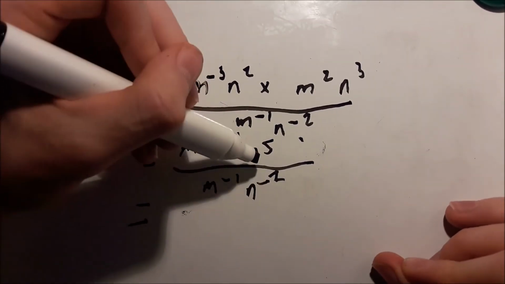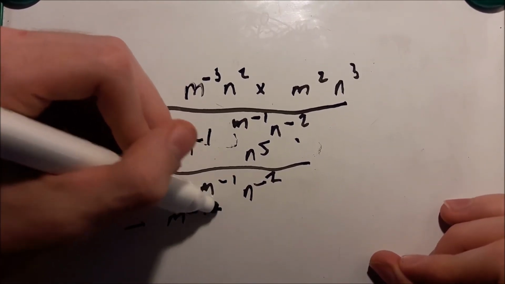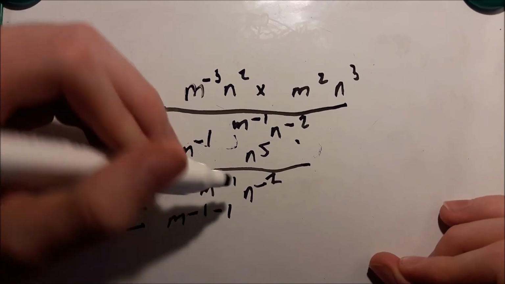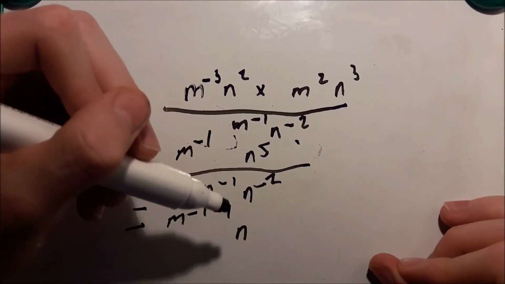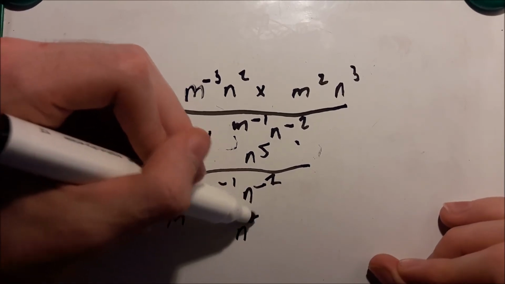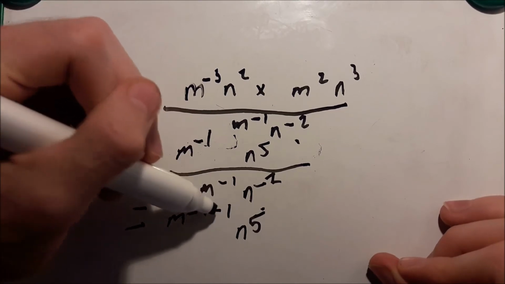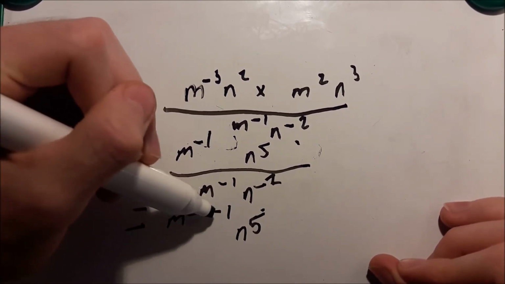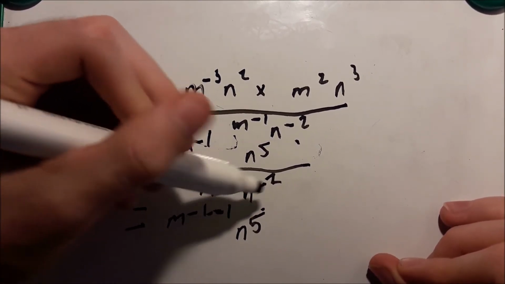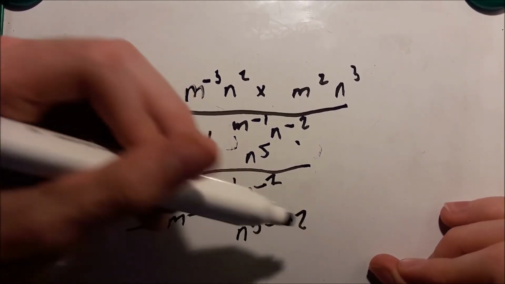Now when we divide, we subtract, so m to the power of negative 1 minus 1, and then n to the power of negative 2 of 5, minus 1. Remember this is minus 1, and then minus 2.